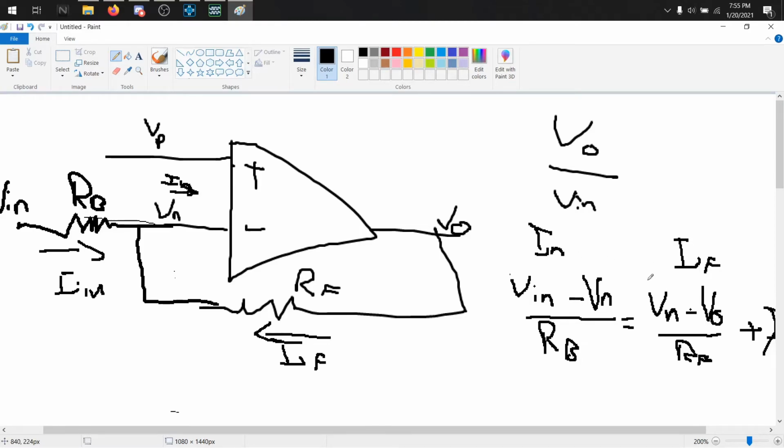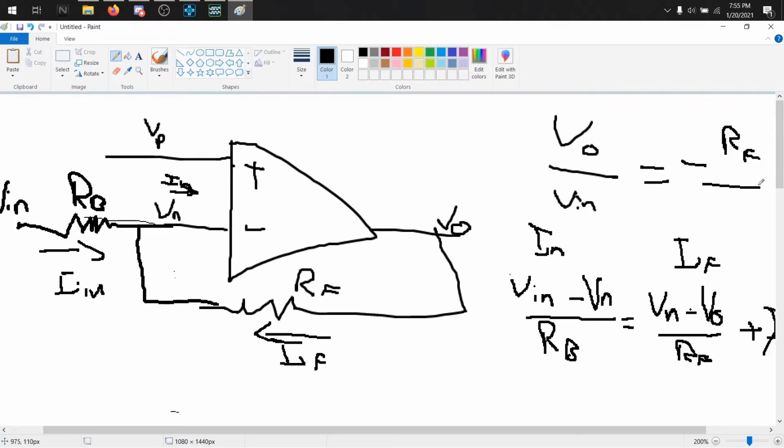Does that kind of make sense to you guys? Yeah, so by doing this, you can now do some algebraic gyrations, and you can get V out over Vn, and then that would equal negative.